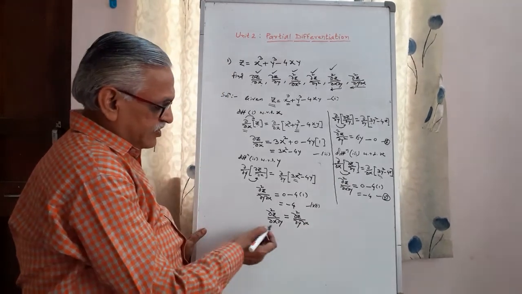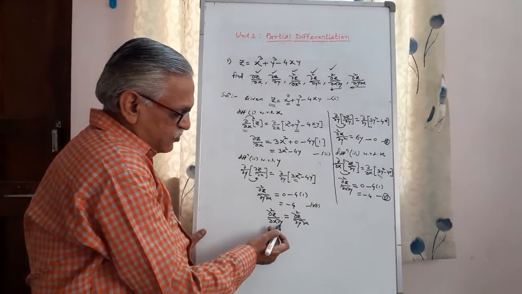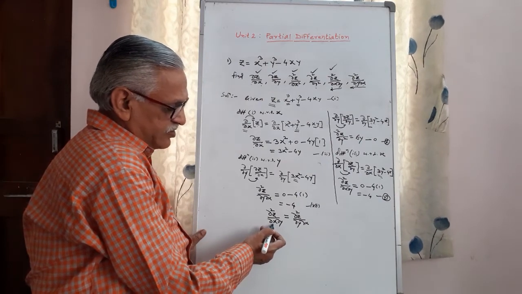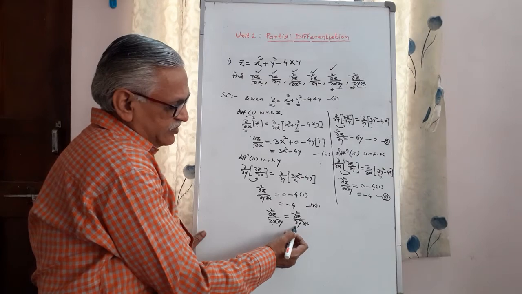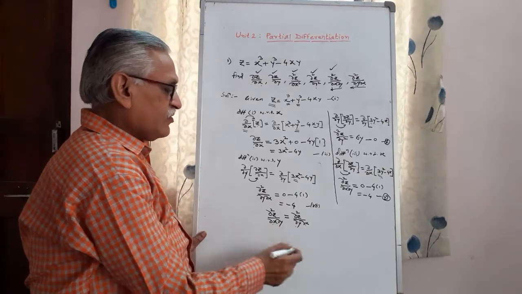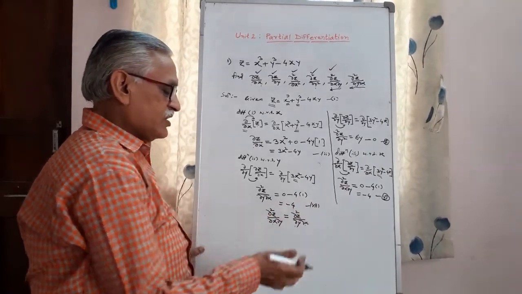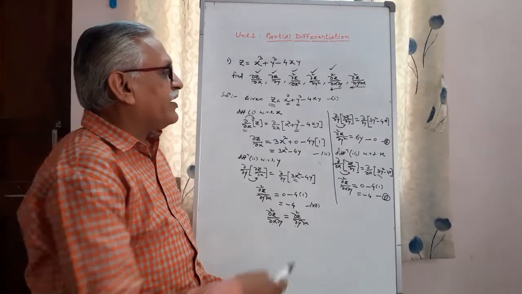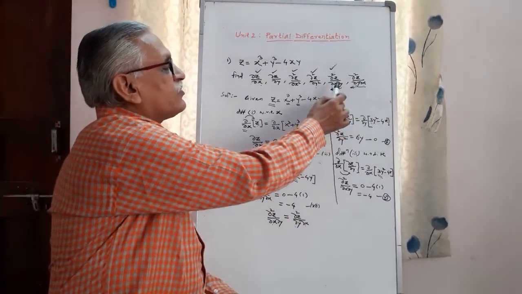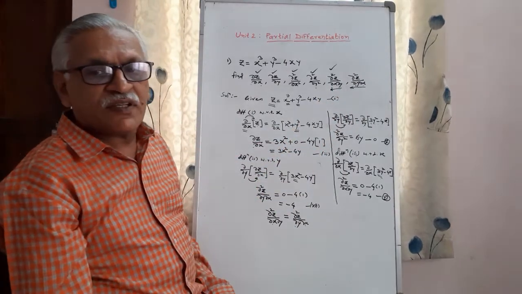Means what? Whether you differentiate first with respect to y and then with respect to x, or first differentiate with respect to x and then with respect to y, we are getting the same value. Therefore, order is immaterial while finding second order derivatives like this.